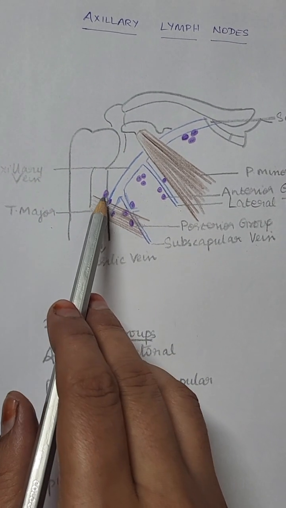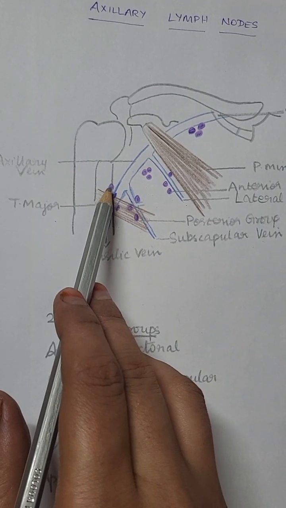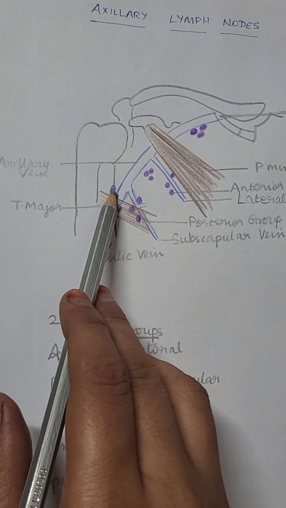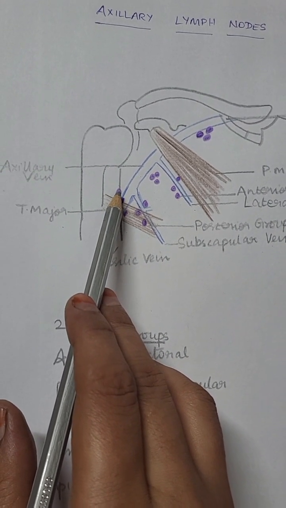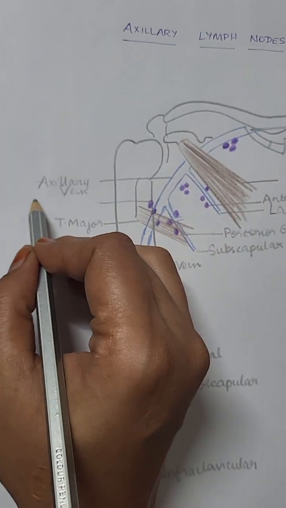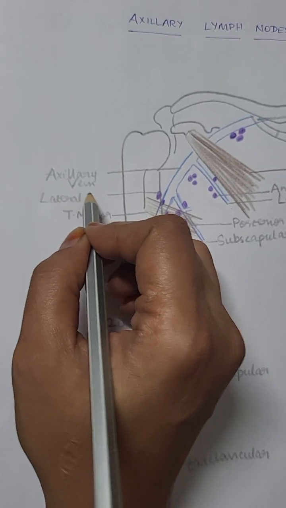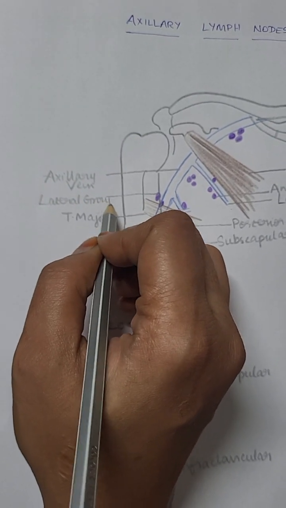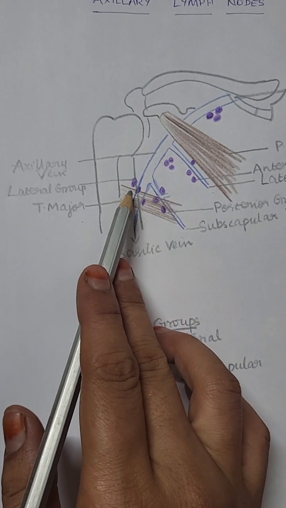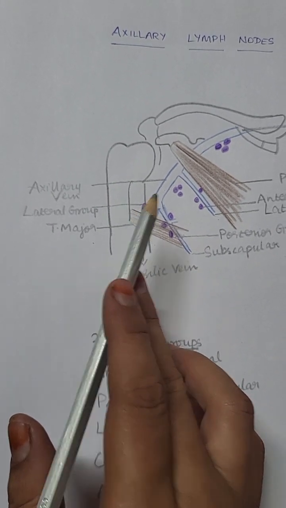And the group of lymph nodes situated along the axillary vein in the upper part of the humerus is called the lateral group. This lateral group drains the upper limb.